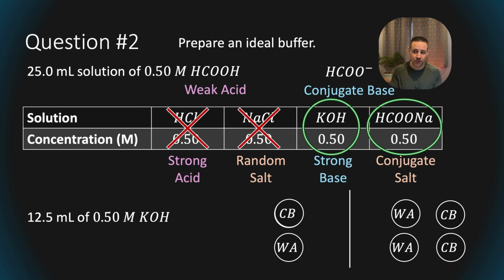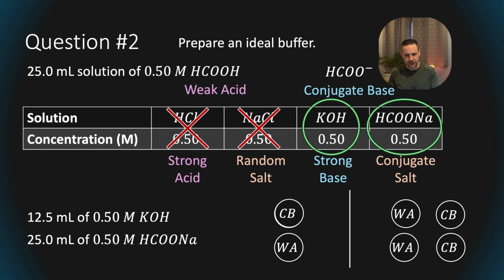So I need 2 of those too. That's equal amounts of the weak acid and the conjugate base together. So if they have the same concentration, I need the same volume. The volume was 25 milliliters, so I need 25 milliliters of the HCOONa in solution to make an ideal buffer.